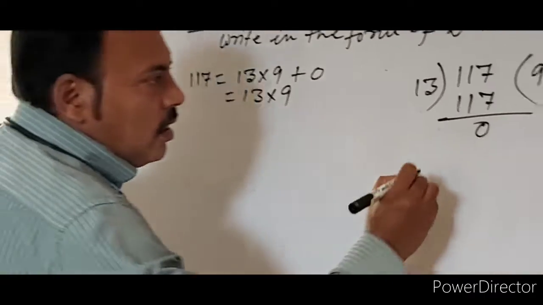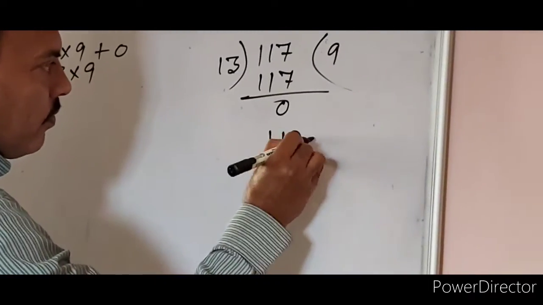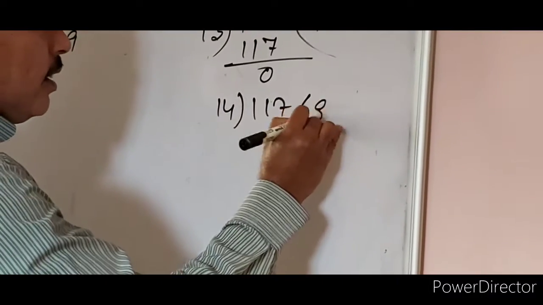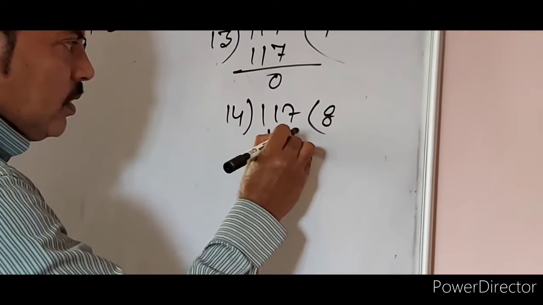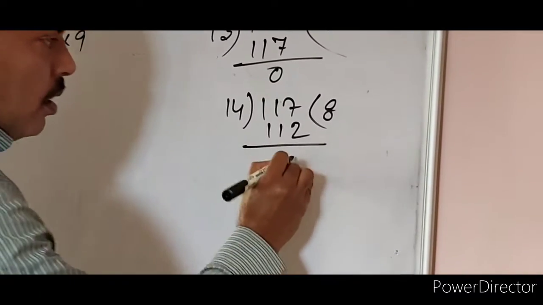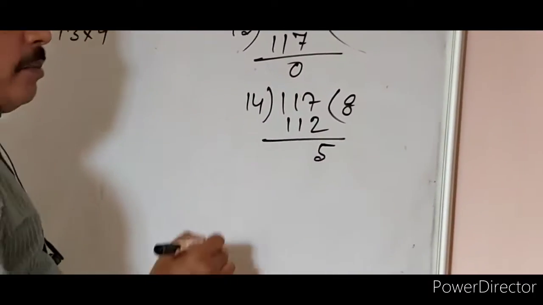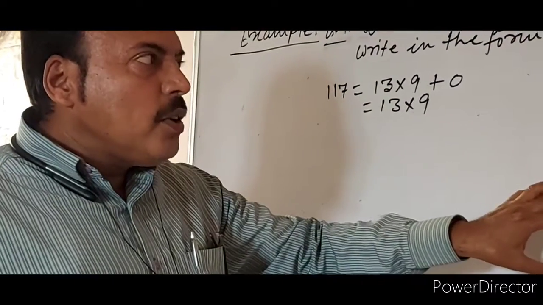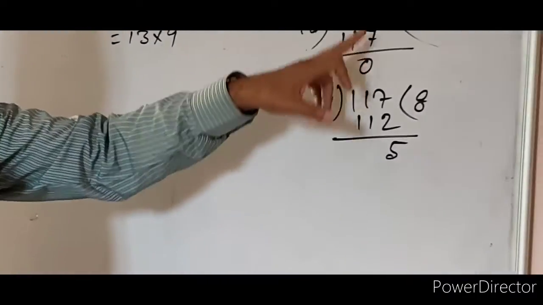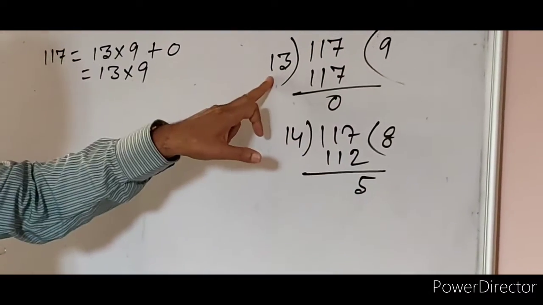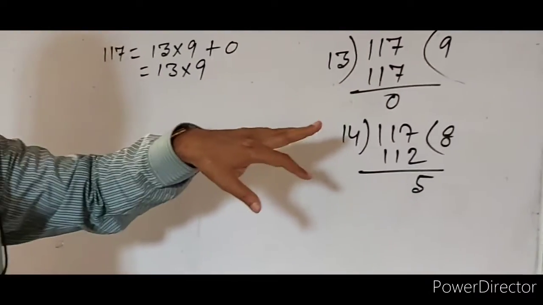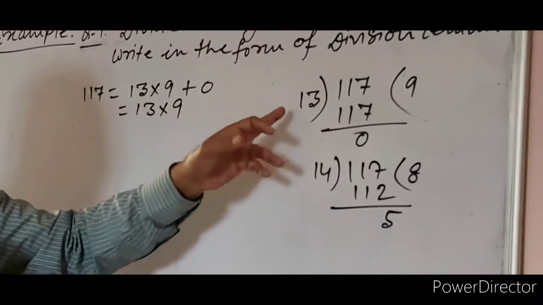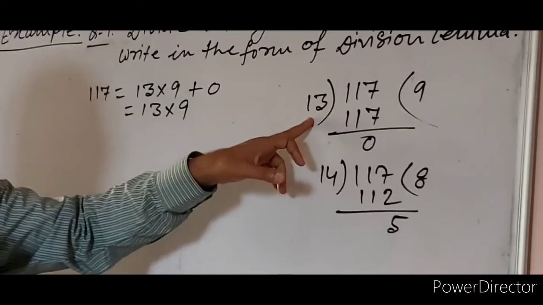Next, 117 by 14. Then we get the quotient 8 and remainder 5. So 5 is less than 14. Also 0 is less than or equal to the remainder, and the remainder is less than B. So B is greater than remainder.